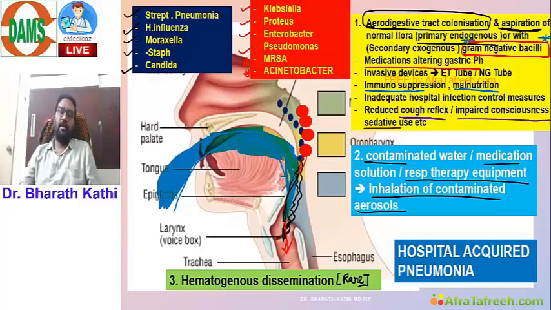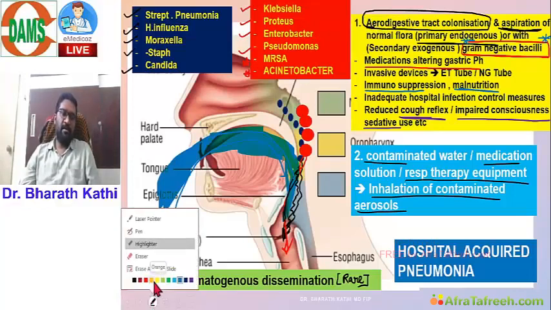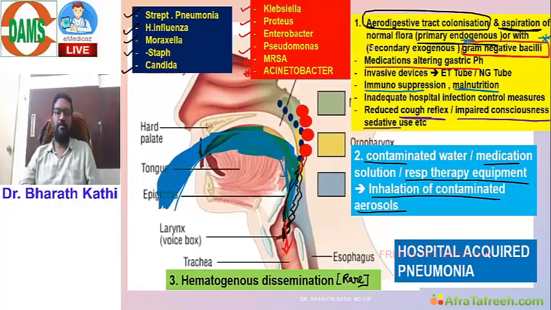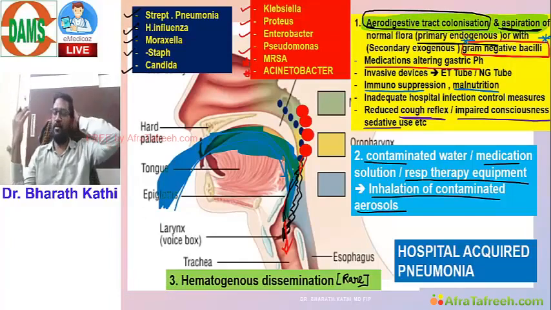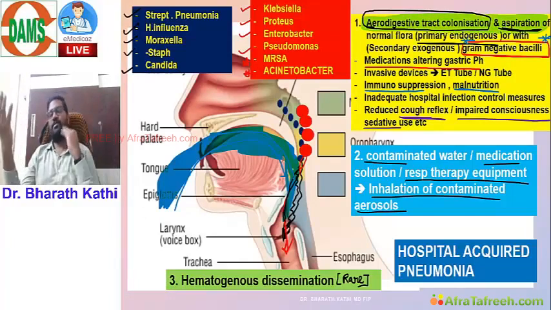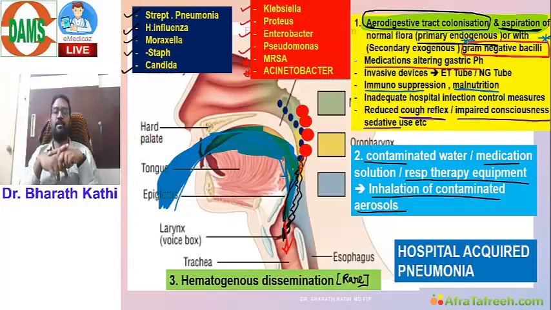So the usual and common cause is this. You should know this: the colonization of the respiratory tract with organisms, aerodigestive tract, and later these organisms are getting aspirated. The reason for colonization I have discussed. Either because of the patient's immunosuppression, malnutrition, normal flora can grow, or even sometimes gram-negative bacilli can grow and enter into the lung.